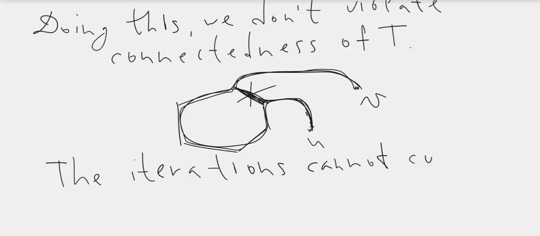At each iteration, we reduce the number of edges in T by 1, and the number of edges cannot go negative. It's bounded from below by 0.